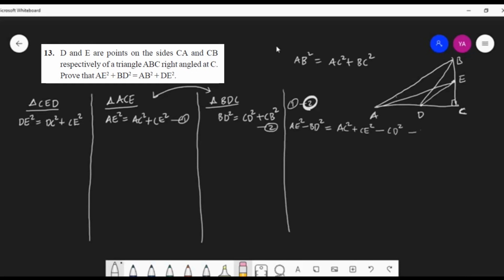When we split the minus, it goes to both terms. So next line, the negative terms you move to the right, and the positive terms on the right you move to the left. AE square plus CD square plus CB square is equal to AC square plus CE square plus BD square.